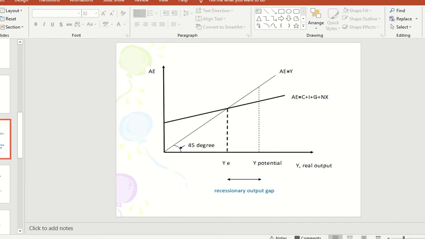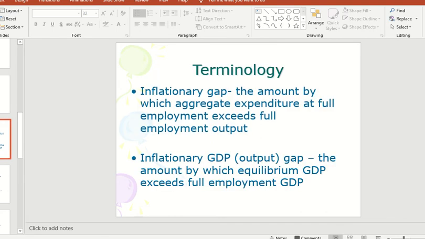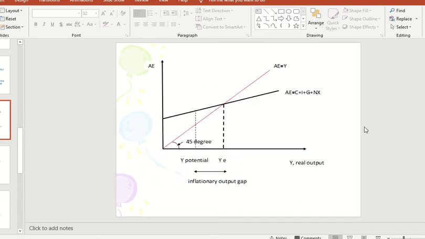So now we can turn to another situation, an inflationary situation. Once again, we're going to introduce ourselves to this terminology. But before we do that, let's take a look at the graphs. Once again, we're first going to look at the income expenditure equilibrium framework, or the Keynesian cross.